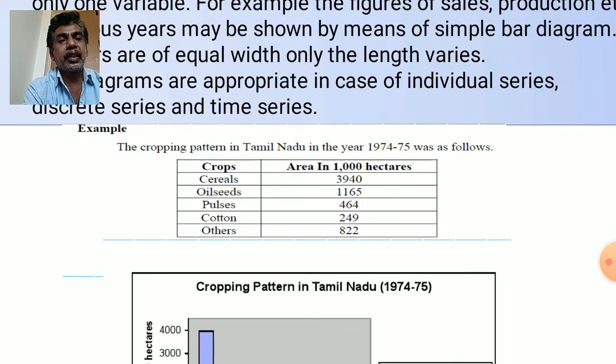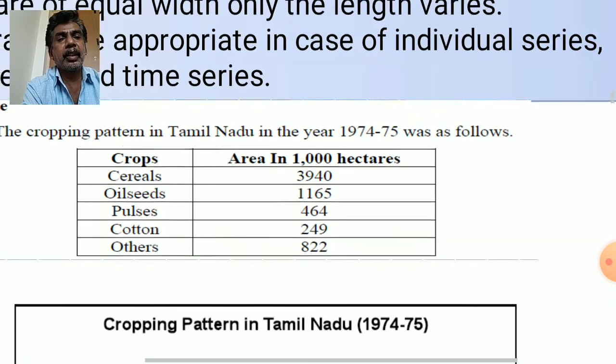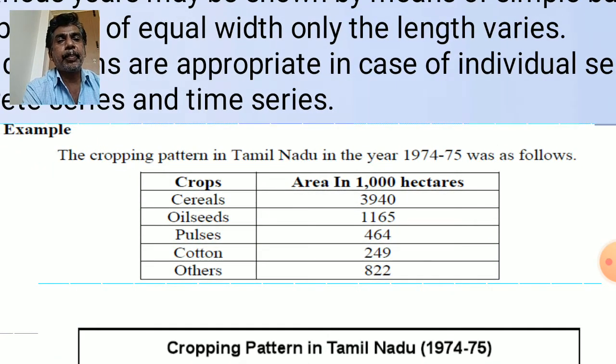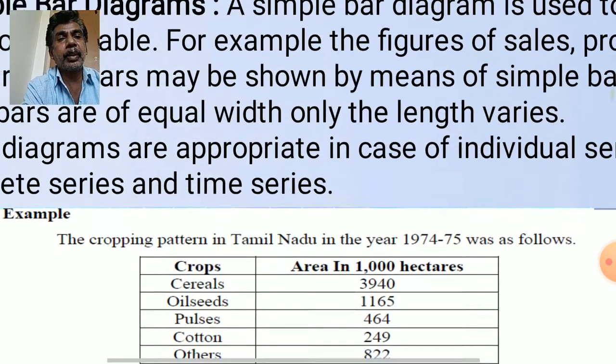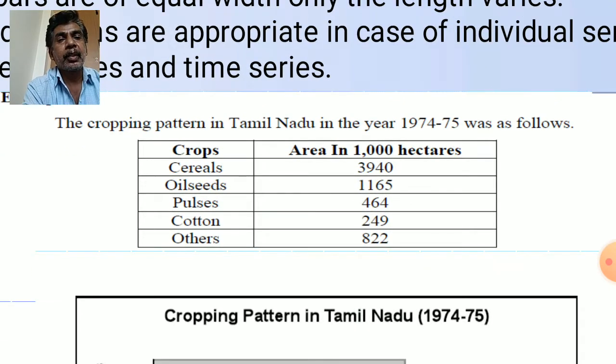So this is an example quoted here: the cropping pattern in Tamil Nadu in the year 1974 to 75. This data is represented using a simple bar diagram.